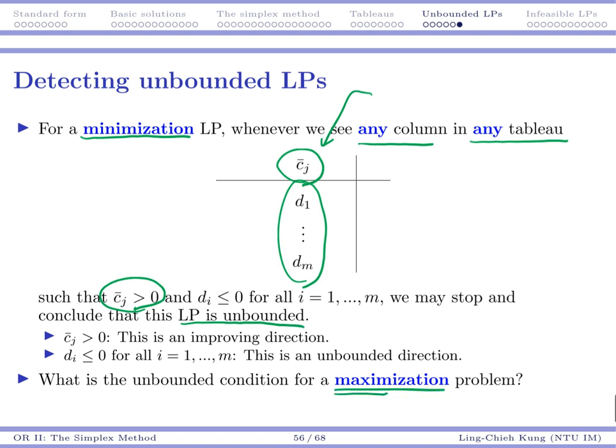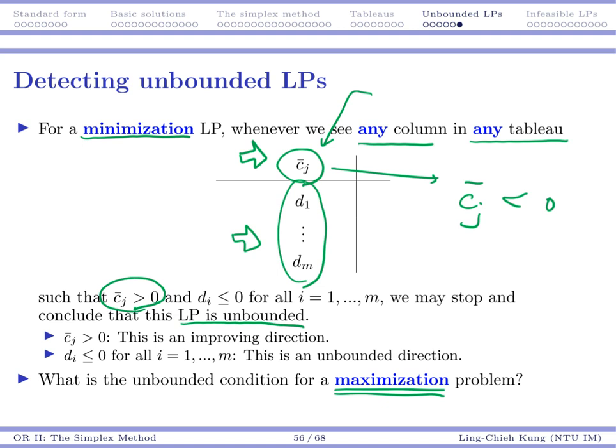Or if you talk about the maximization problems that we just showed an example of, the condition says that your reduced cost should be negative, okay? Whenever you have an improving direction, which is indicated by your reduced cost, such that it is unbounded, which is indicated by the entering column, then you know you have an unbounded linear program.